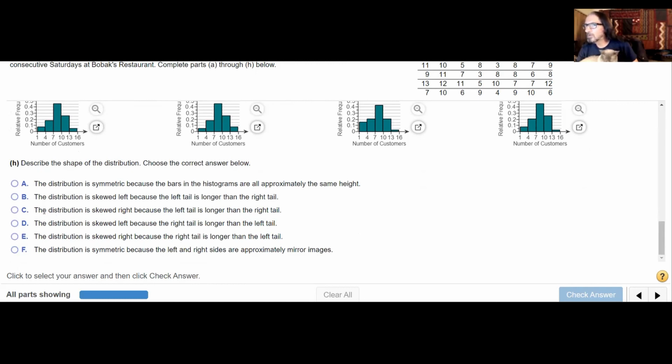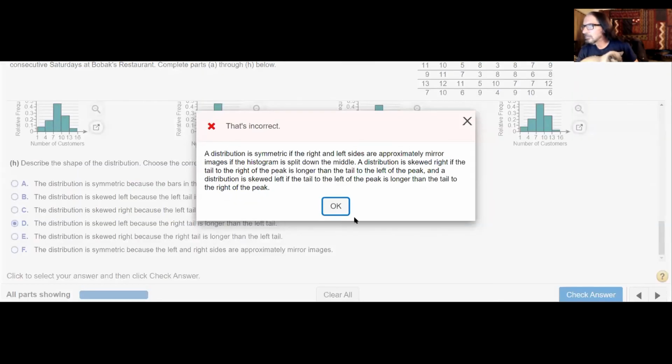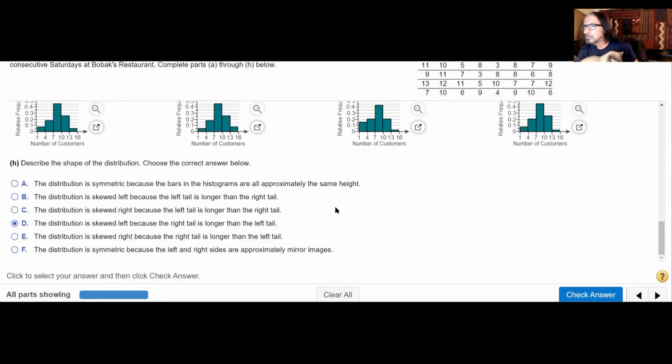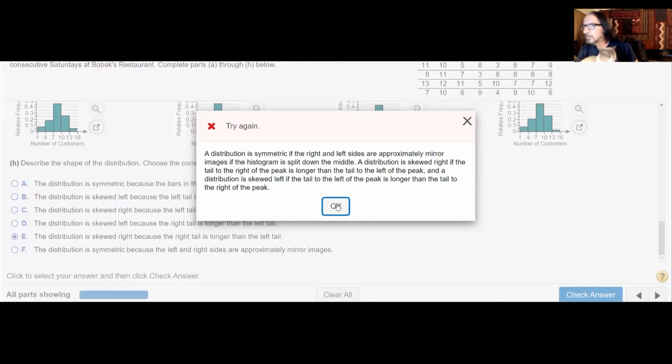It turns out that they are saying that this is symmetric, or at least roughly symmetric, I would qualify it with, because although we do not have an exact mirror image, when we put a vertical line segment through that middle bar, which is where our peak is, then we have something like a total of 11 when we go back to the frequency table on either side.